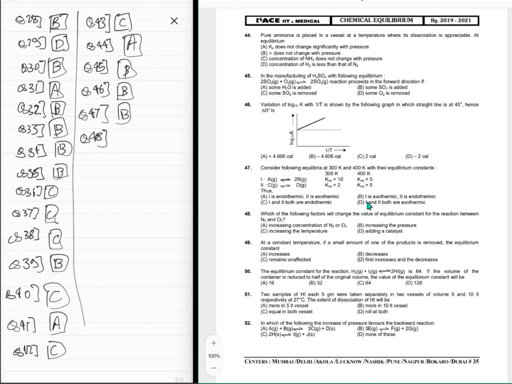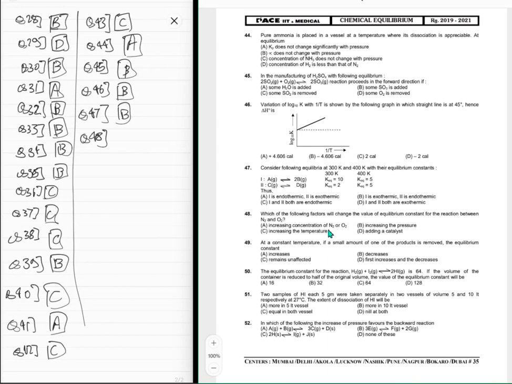Which of the following factors will change the value of equilibrium constant for the reaction between N2 and O2? Adding a catalyst doesn't change the equilibrium constant, because it is a thermodynamic property, related to the initial and final state, not the process through which we go from the initial to the final state.